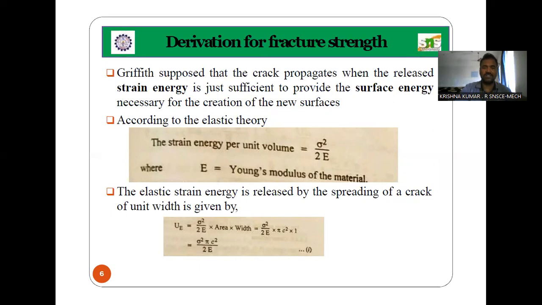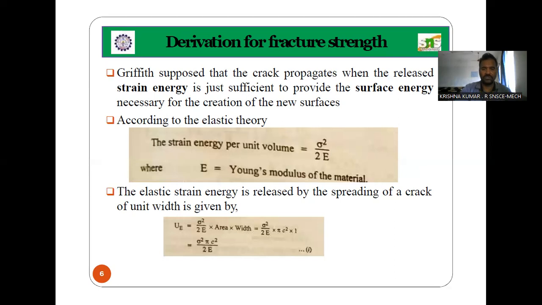The elastic strain energy released by the spreading of the crack of unit width is given by the strain energy per unit volume, which is equal to sigma square by 2E, where E is Young's modulus of the material.